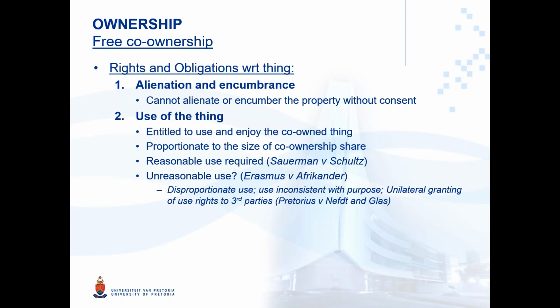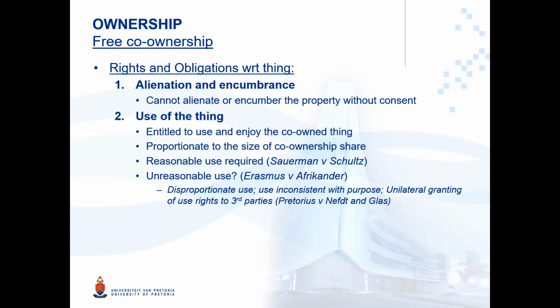Unilaterally granting use rights to third parties, while the co-owner is also using the property him or herself, inevitably leads to unreasonable use because it's an imposition of an additional co-owner in the co-ownership relationship together with disproportionate use. So that would constitute unreasonable use that would meet the second requirement of an interdict.